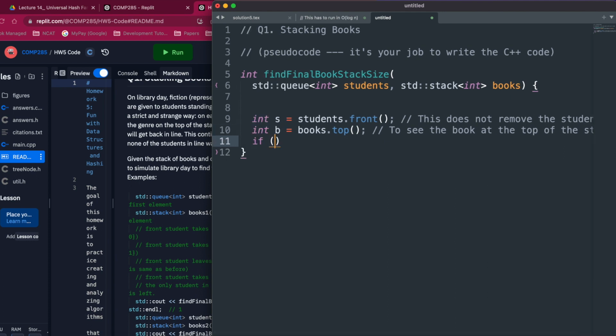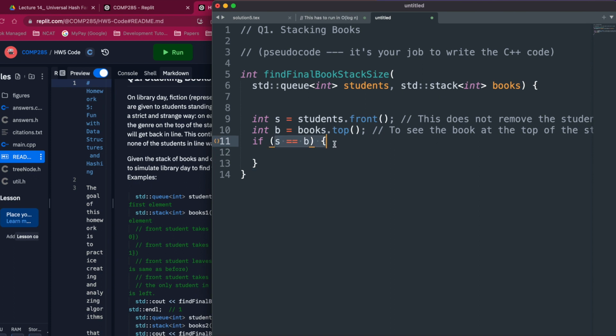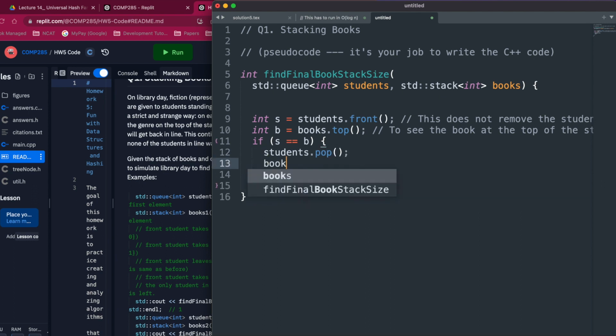And then if S is equal to B, so if the student wants the book, so the student is 1 and the book is 1, then we are going to pop the student and we are going to pop the book. Pop actually removes the element at the top of the stack and at the front of the queue.